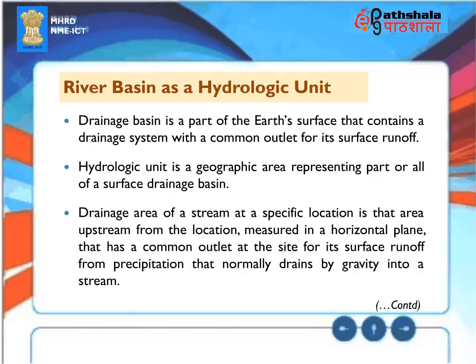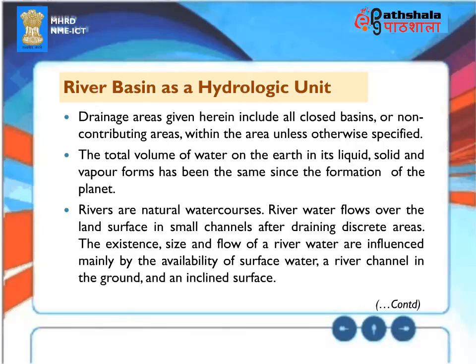Drainage area of a stream at a specific location is that area upstream from the location, measured in a horizontal plane, that has a common outlet at the site for its surface runoff from precipitation that normally drains by gravity into a stream. Drainage areas given herein include all closed basins or non-contributing areas within the area unless otherwise specified.